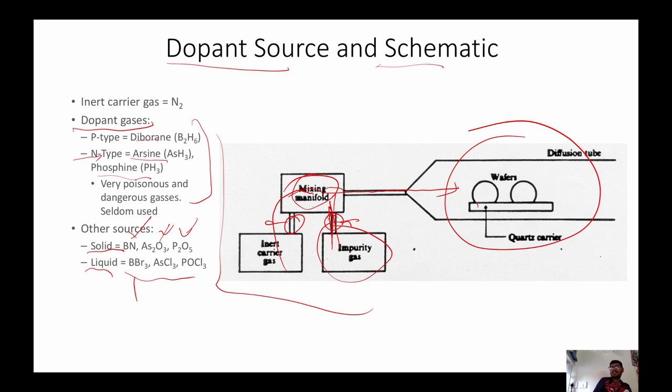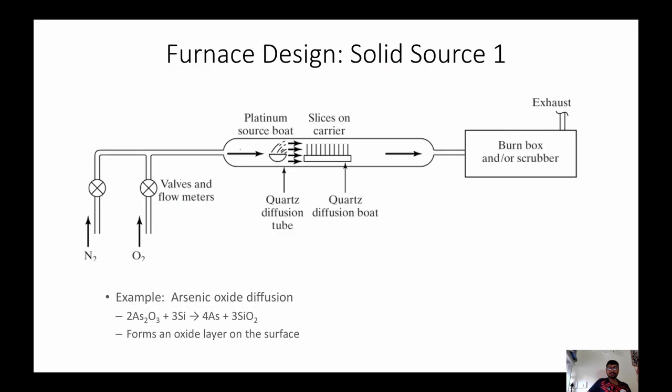This is the quartz carrier, because quartz can withstand higher temperatures, and this is the diffusion tube. So you can create an environment of this impurity gas inside this chamber, which will help the diffusion of those impurities inside the wafer.